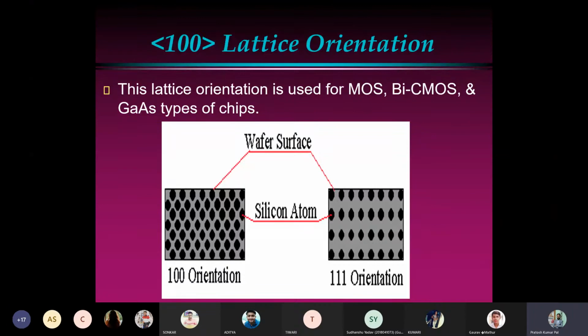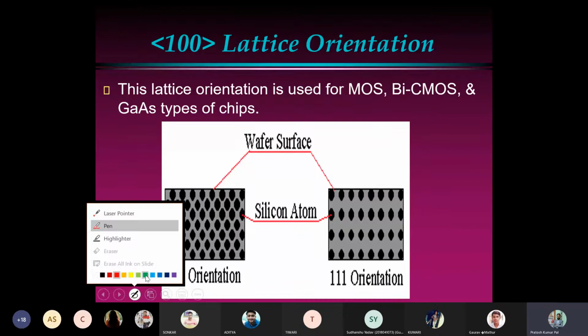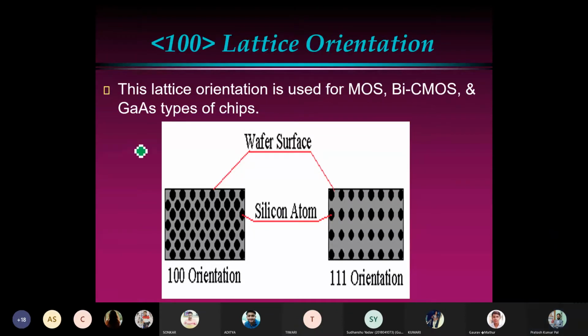So one of the orientations is represented in terms of 100. Okay, so this orientation refers to how different atoms are placed. So suppose these are different atoms of silicon or any element.